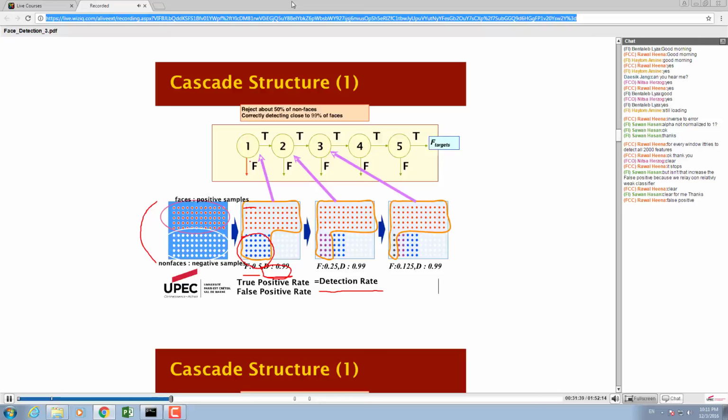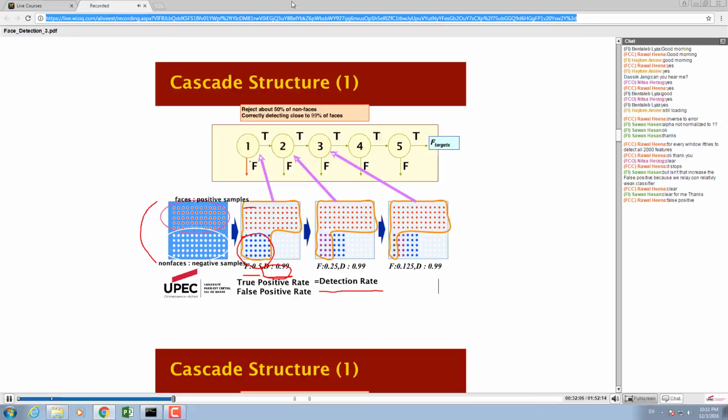Okay, is that clear? So that is how stage 1 will be working with this rate: a 99% detection rate and a 50% false positive rate. So that should be the role of stage 1.